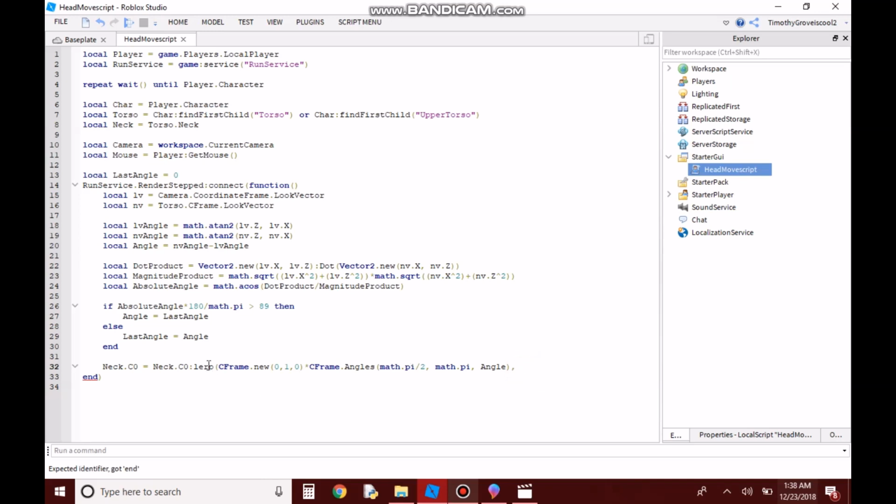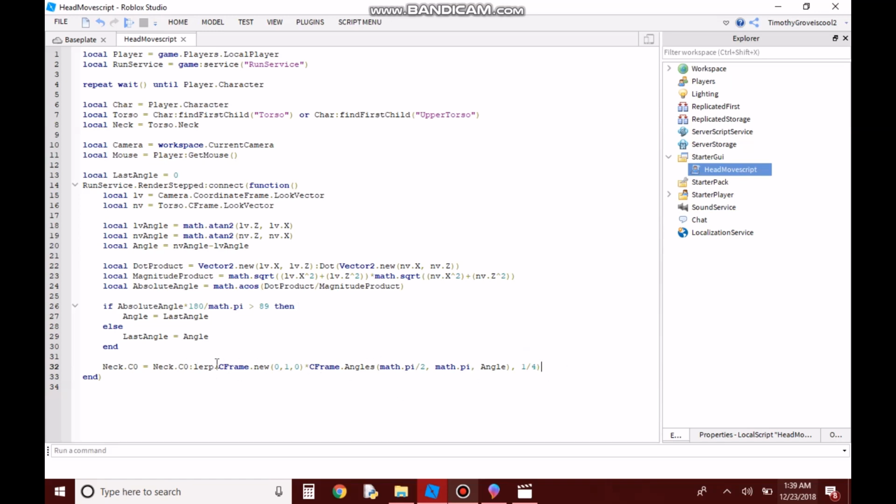And for those of you who know what lerp does, it basically gets the initial CFrame and the goal CFrame, and it subtracts those two and gives it a number between 0 and 1, and whatever that number is, it'll go to that specific spot. I'll leave the link to lerping in the description just so you guys can see what I'm talking about, because it's really hard to explain, but this is basically what it does, mostly for animation purposes.